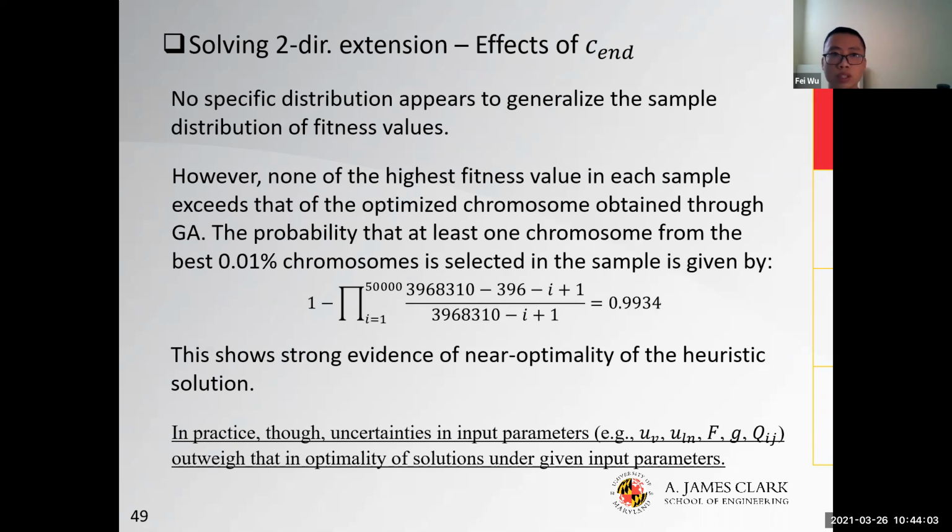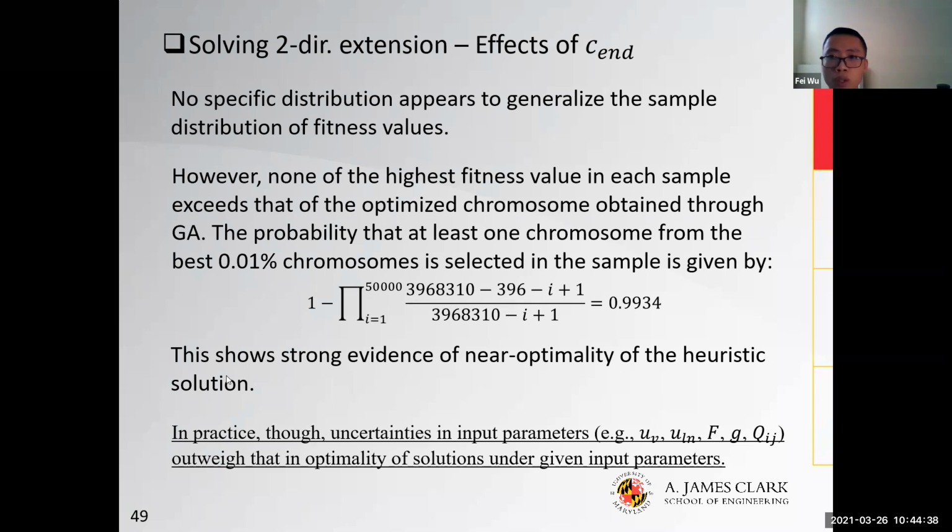Although none of these distributions can be generalized with some existing models of distributions, we found that none of these fitness values can exceed that from the optimized chromosome through the genetic algorithm. So this actually shows strong evidence for near optimality of the heuristic solution.